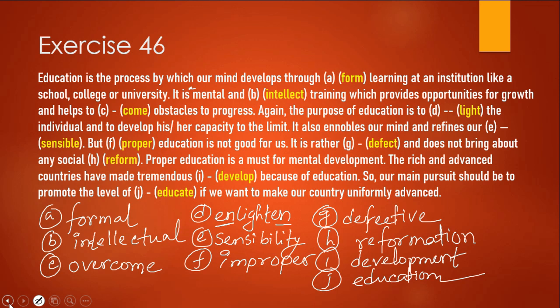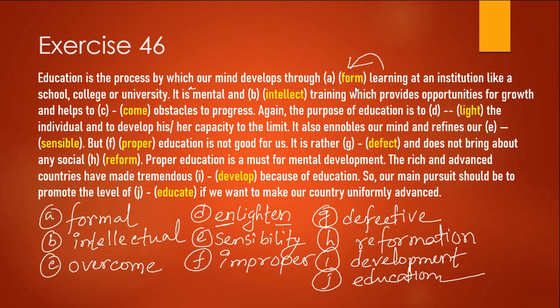I think you have understood how we have changed all this exercise. Actually, what you have to do is read the text and read the lines properly and try to understand what is told here. Like if you say education is a process by which our mind develops through formal learning, you have to try to match this word, through form learning or formal learning.